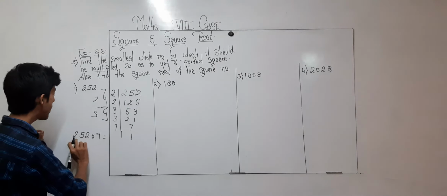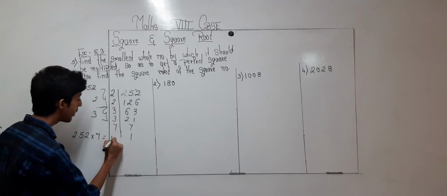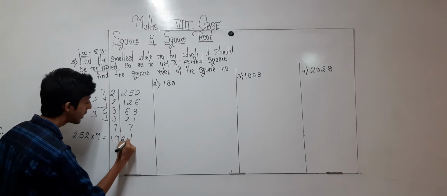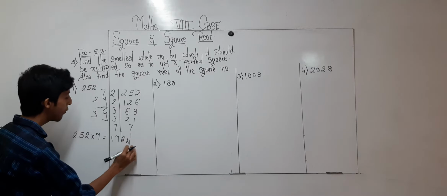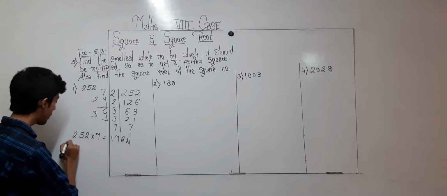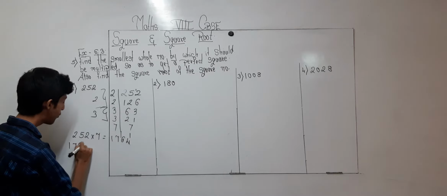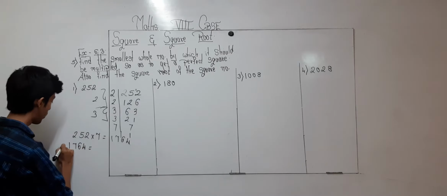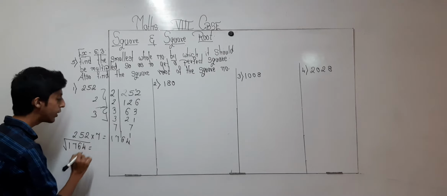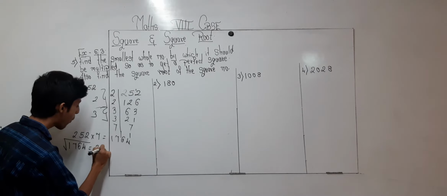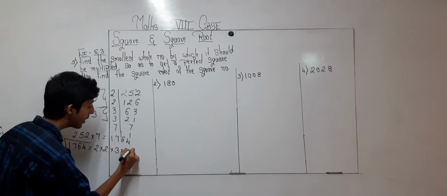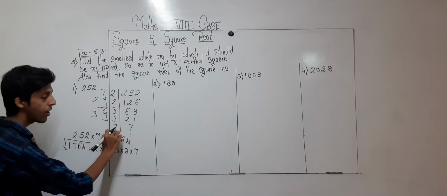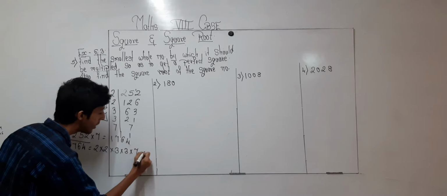So if I am multiplying 252 by 7, I will get 1764. So now that I have 1764, how will I find its root? Root of 1764 is equal to 2 multiplied by 2 multiplied by 3 multiplied by 3 multiplied by 7, which I got over here, and this multiplied by 7.